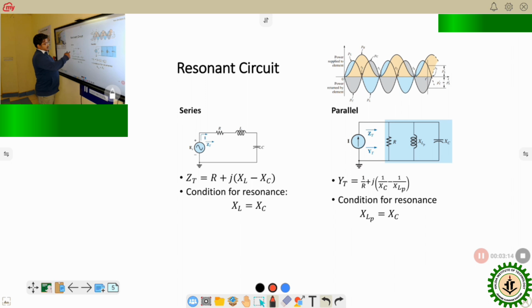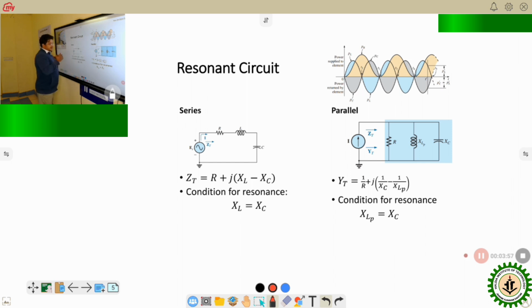Now, for both the series resonance circuit and the parallel resonance circuit, whenever we are talking about resonance, we will see that at the resonating condition, the power stored in the inductor and the power stored in the capacitor are exchanged. In one cycle the power is stored in the inductor, and in the other cycle that power goes to the capacitor and is stored, whereas some amount of power is consumed by the resistor, and this is shown in the graph.